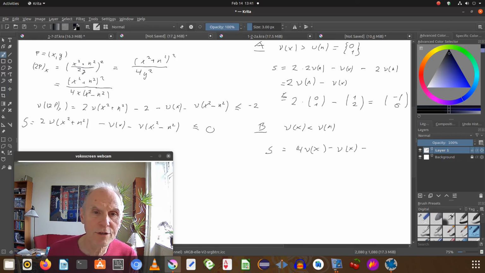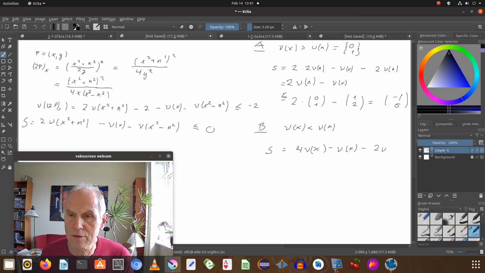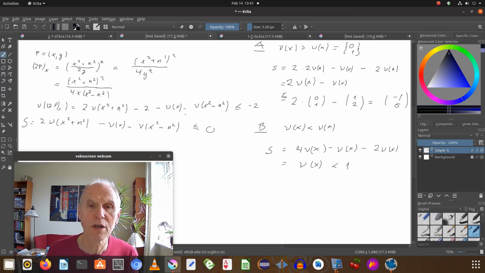And this is twice v of x. And that gives v of x. But v of x being smaller than v of n means it's smaller than 1, so it's smaller than or equal to 0, as it must be. So that was easy. The last case, that they are equal, remains.